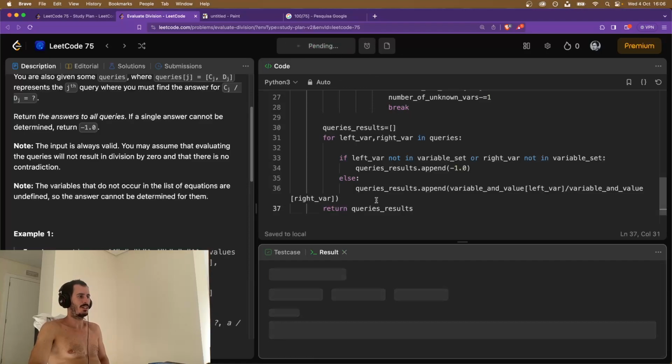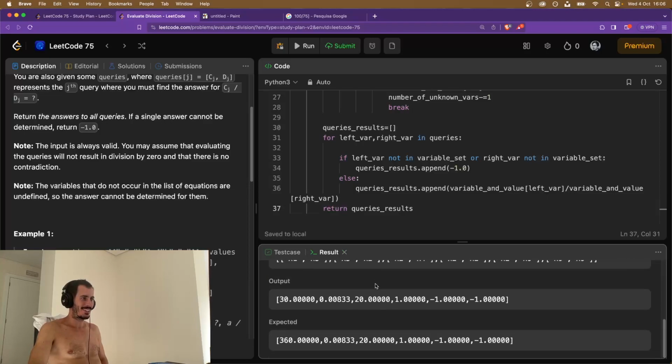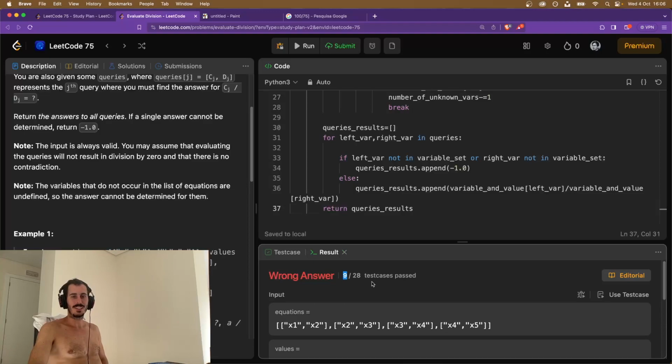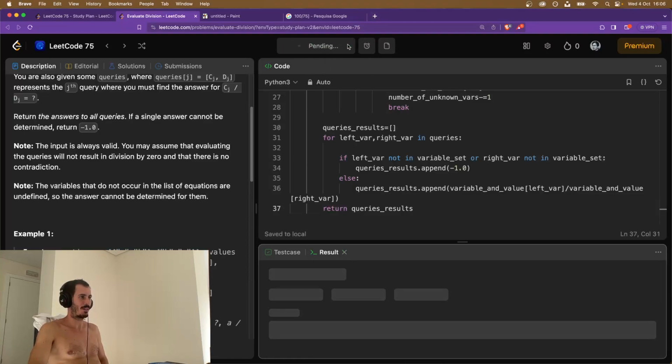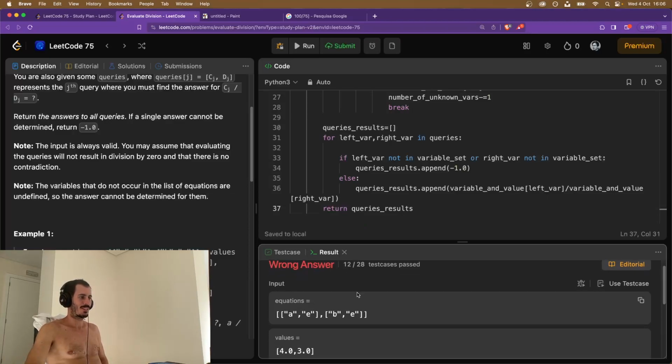I'm just gonna submit again to see if I get to 13. How the hell is this going on? I was at 13, now I'm at 9. Guys, this is impossible. LeetCode has a bug. 12. This is impossible behavior.